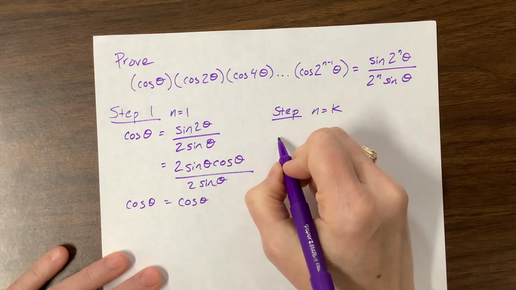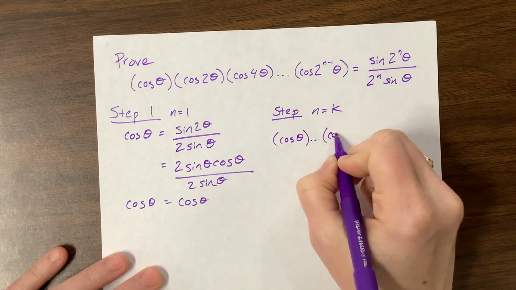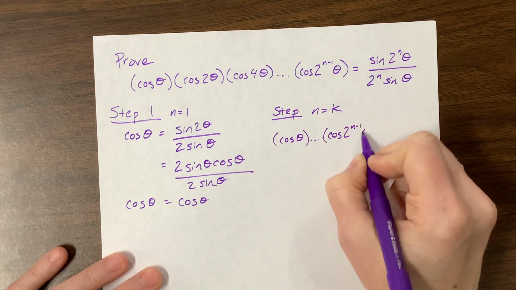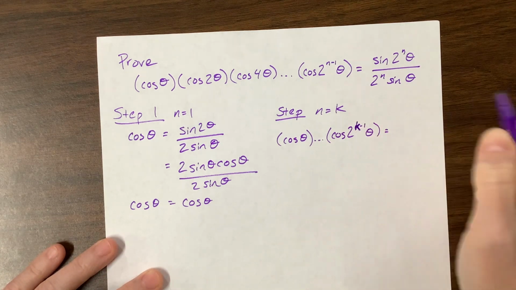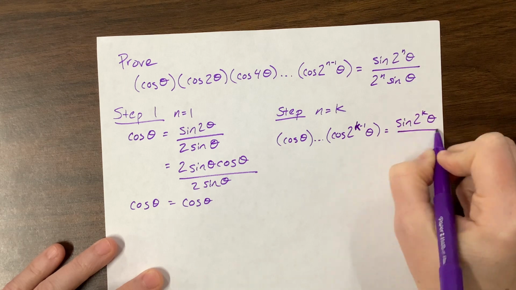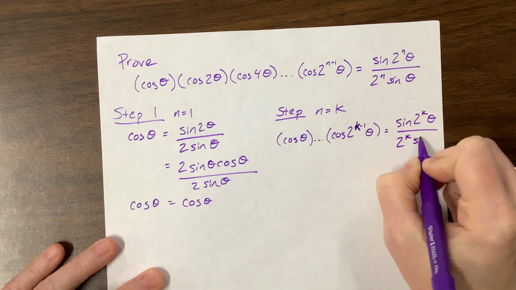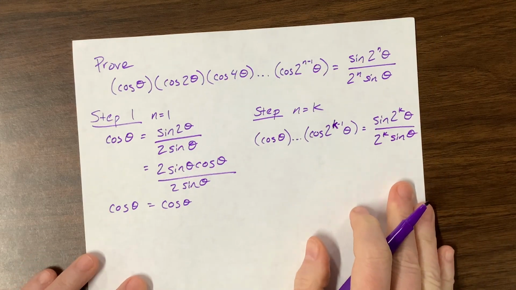Okay, so we can say cosine of theta, I'm going to skip some of these, times cosine of 2 to the n minus 1 theta, oh no, I should change it to a k, is equal to sine of 2 to the k theta over 2 to the k sine theta. So that's what we're assuming. Sometimes it's helpful also to write out our goal.